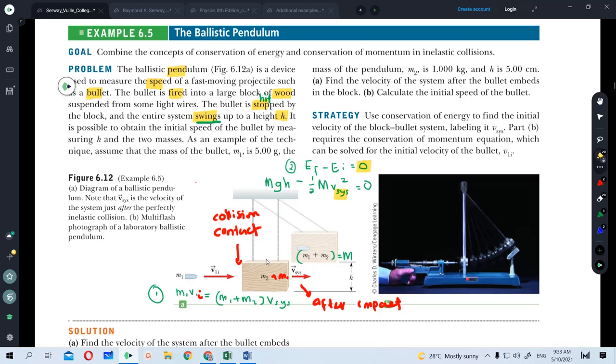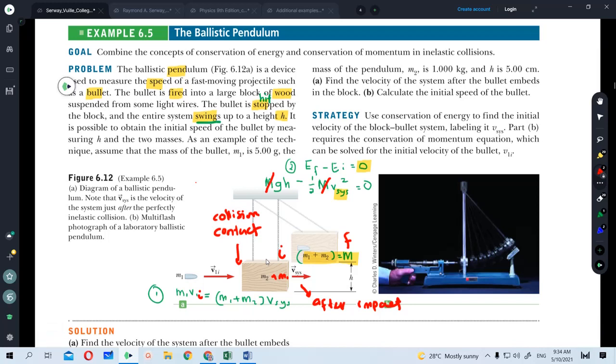So the energy at this location, provided that M1 plus M2 is M, I am writing it as a capital M so that it's much easier for you to observe and cancel out, so mgh, this is the h that we are talking about, minus the energy at this location. Final here would be the top, and initial is after the impact. From your calculation, you can actually simplify the equation later on.